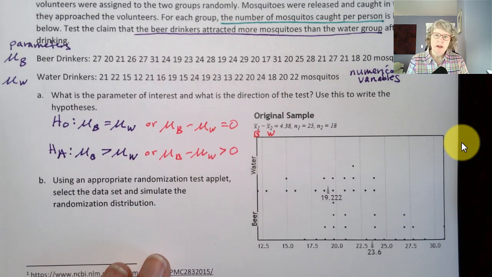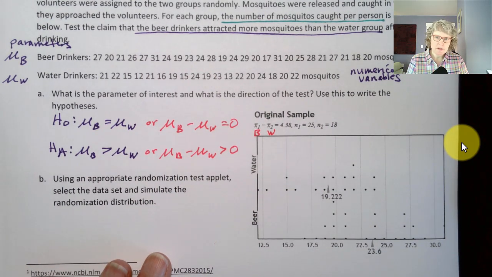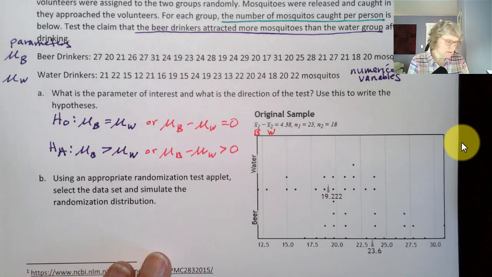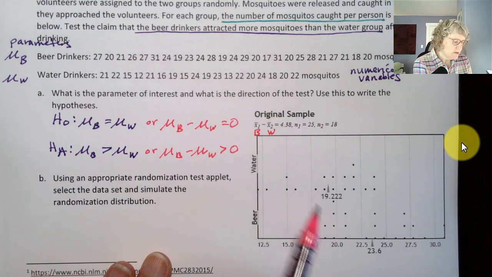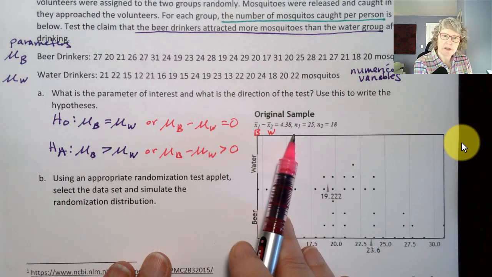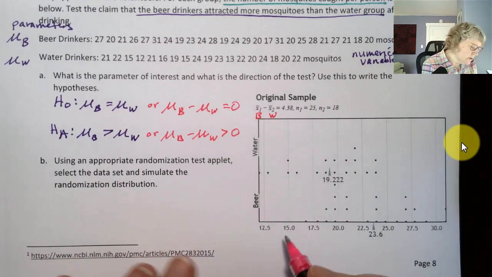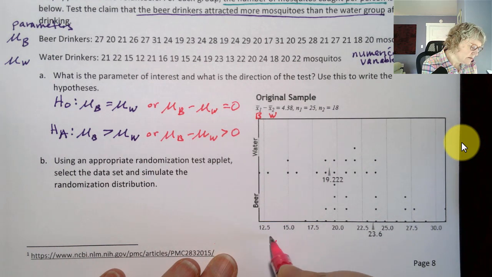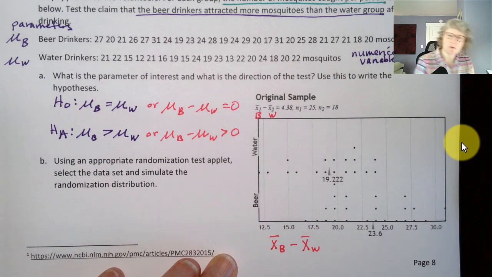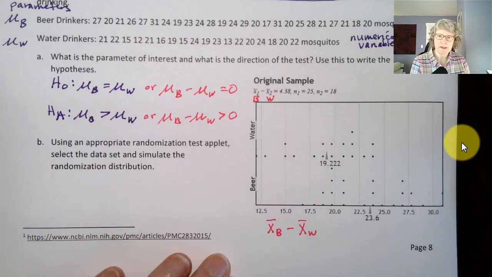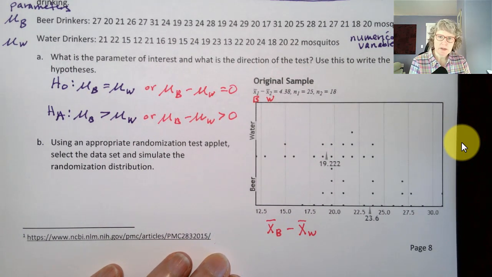Okay. Another way to tell, and we'll get to the sample statistic in a moment, is whether the difference is positive or negative, right? So if I just go ahead and write x bar B minus x bar water, actually let's just go ahead and do it. These are our sample statistics, right?